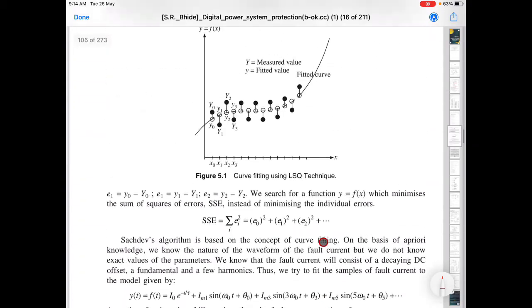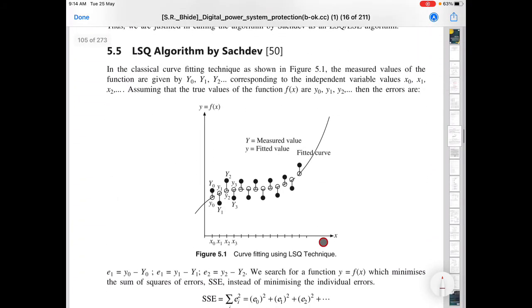Now let us come to this method. This LSQ method is called the curve fitting method. This is the actual waveform you want to measure. You know the nature of the waveform, and this is the erroneous waveform.